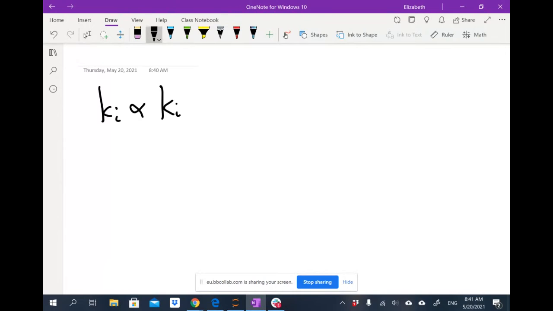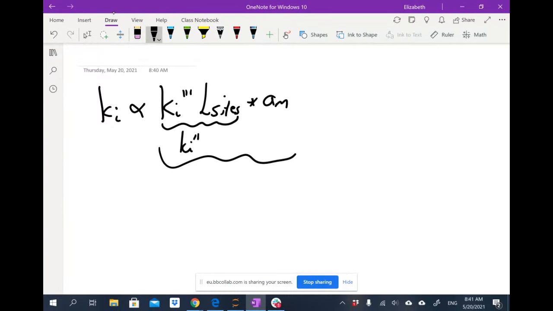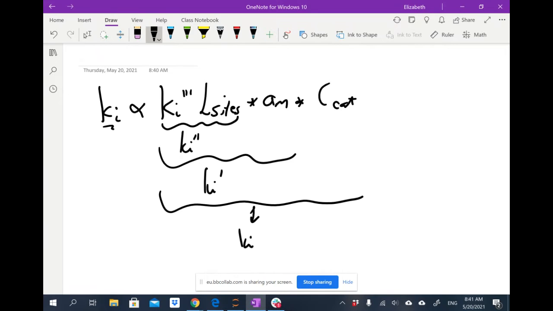So let's just start. Ki triple dash times the site density gives me Ki double dash. If I now multiply this with AM, this gives me Ki dash. And if I now multiply this with C cat, this gives me finally that Ki.